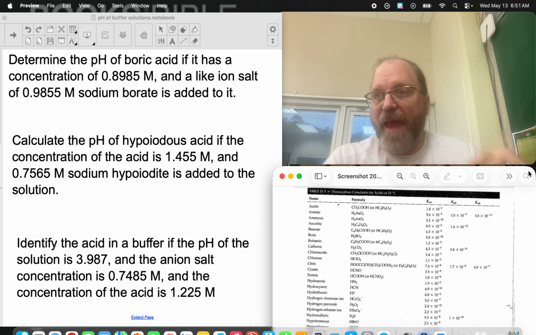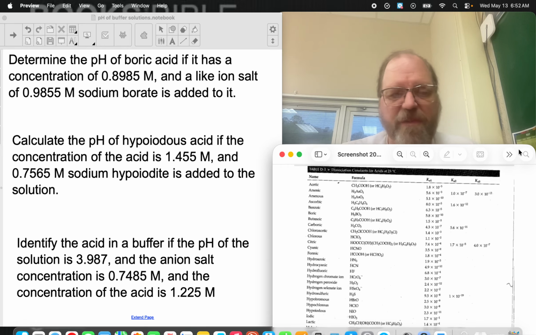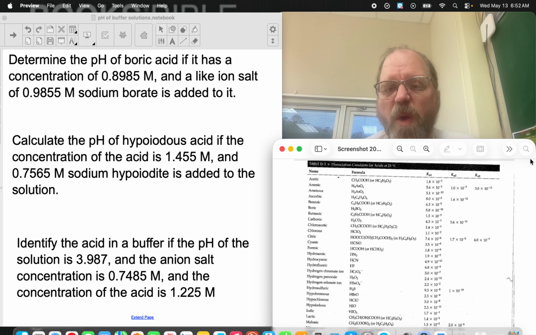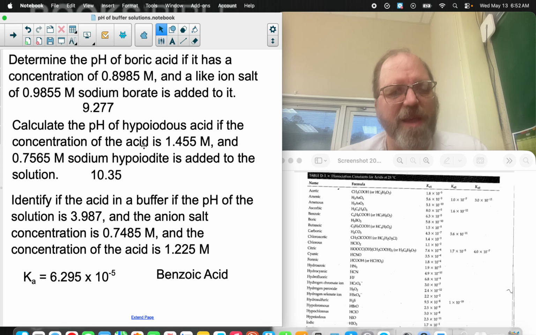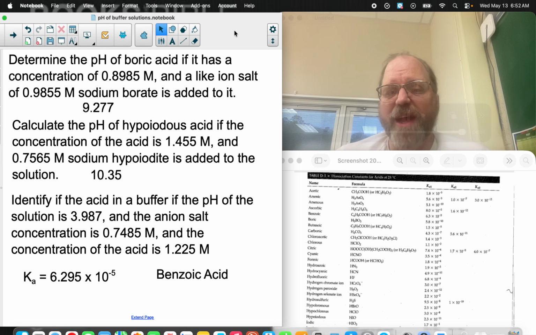That'll give the pKa. The inverse log of that, the antilog, will give us the Ka value. All right? So, ready? Here are the answers. We have 9.277. We have 10.35. And the Ka is 7.295 times 10 to the minus 5th, which would be 7.3 times 10 to the minus 5th, and that's benzoic acid. All right, hopefully not too bad.